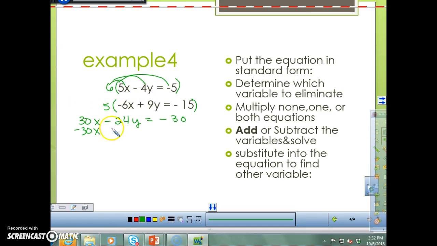Okay. 5 times 9 is 45. 15 times 5. So now if we add these up and down, there's our 0. 45 and 24. So that's 21, okay.